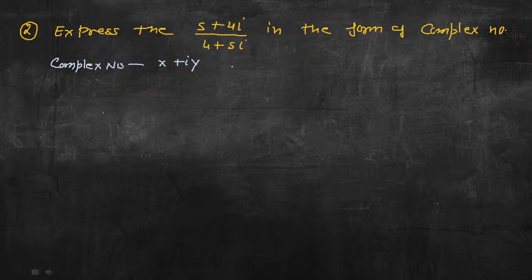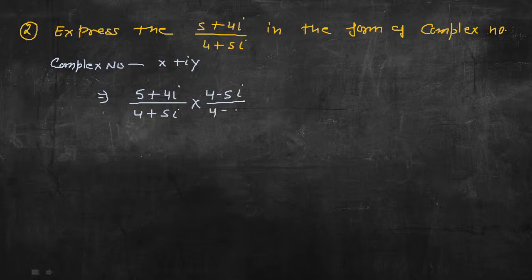So what will you do? In order to get the complex number, we have 5 plus 4 iota divided by 4 plus 5 iota. So you will just rationalize, multiplying by 4 minus 5 iota divided by 4 minus 5 iota.